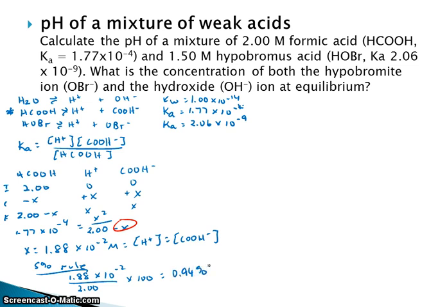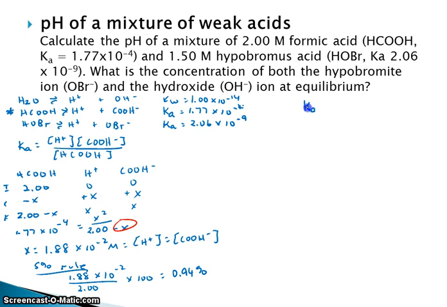That means that only a very small percentage of this 2.00 molar formic acid actually ionized, so X is insignificant. Now we've got other things that we need to solve for. We also need to solve for the hypobromite ion concentration, and we need to solve for the hydroxide ion concentration. So we'll do that up over here.